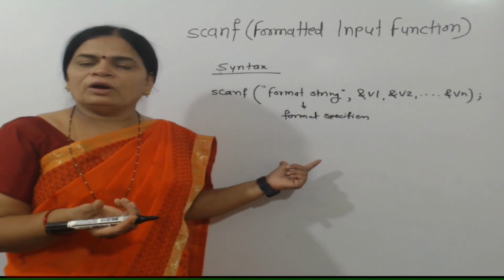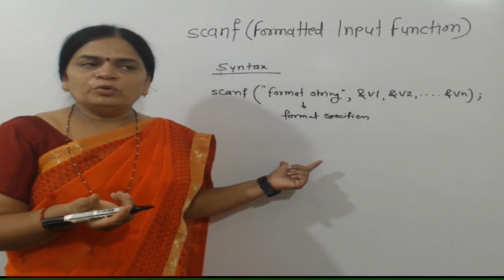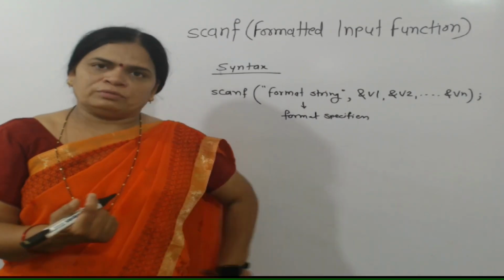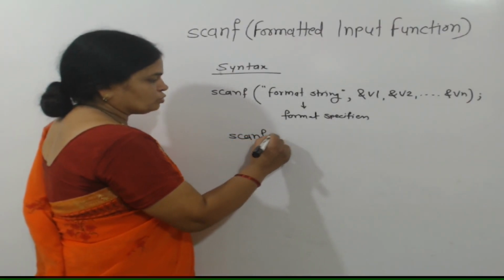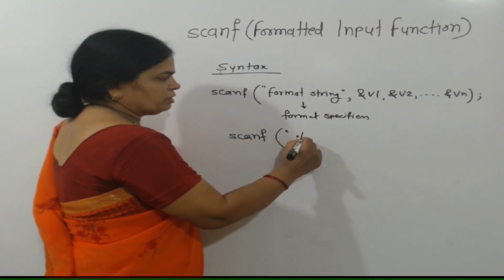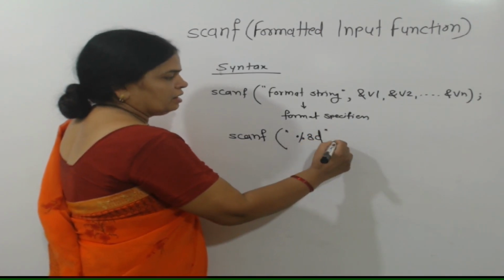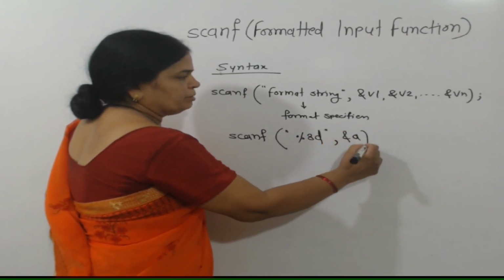Suppose I want to input a 3-digit number from the user, then I can write the scanf function like this also. So scanf in double quotation %3d and after that the variable name.